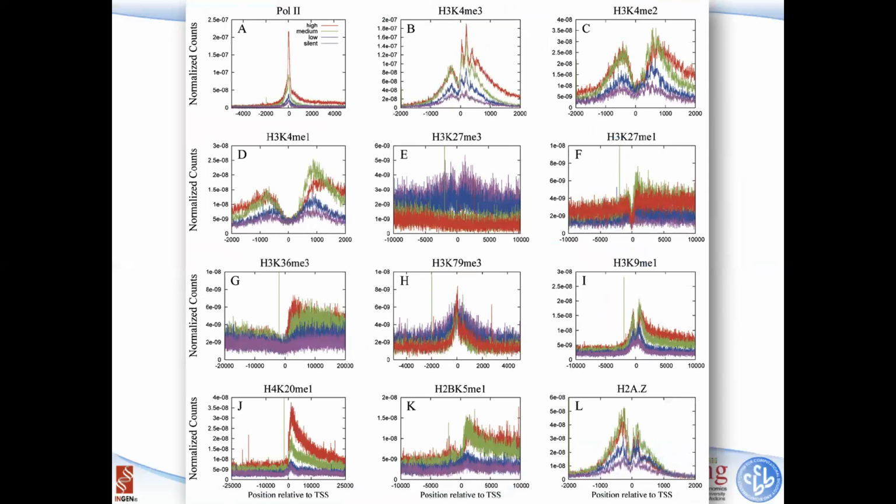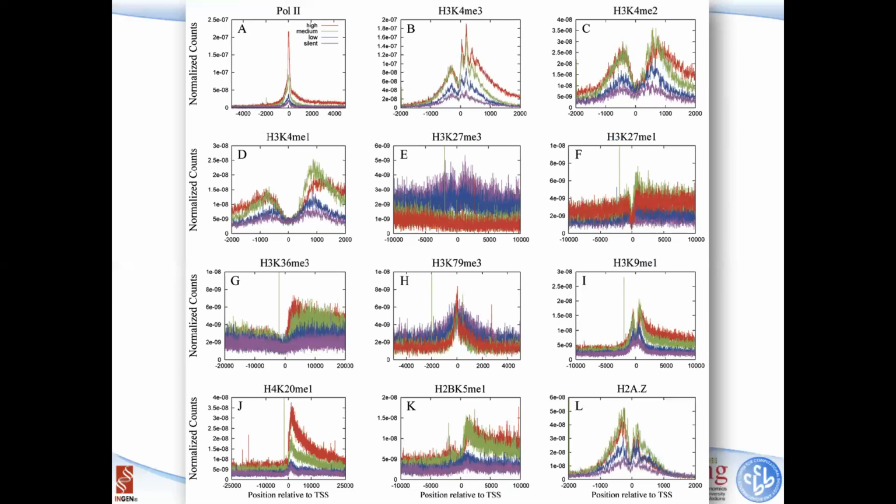Here they matched the RNA-seq data. They separated the genes into four groups: the red one is highly expressed, then medium expressed, low expressed, and silenced, not expressed at all, meaning it cannot be detected by RNA-seq. For high expressed genes, we can see a high Pol II signal, and for medium ones, a medium signal.